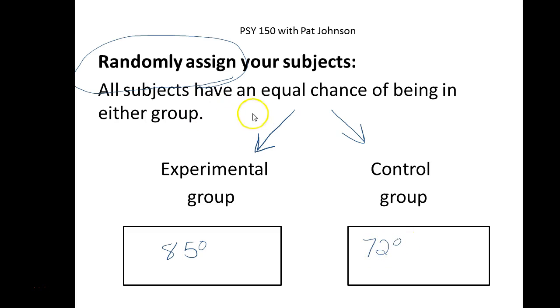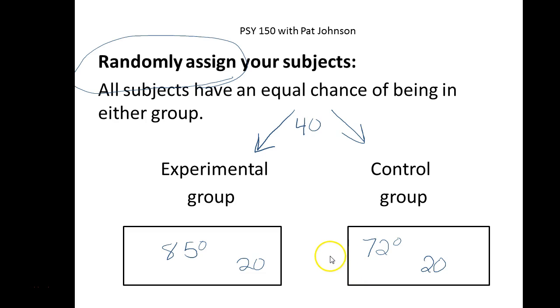So let's say we have 40 subjects, and we're going to put 20 here, and we're going to put 20 here, and we're going to do that by going down our roster, and the first student's here, the second student's here, first, second, third, fourth, fifth, sixth, all the way down to assigning number 40 to the control group.